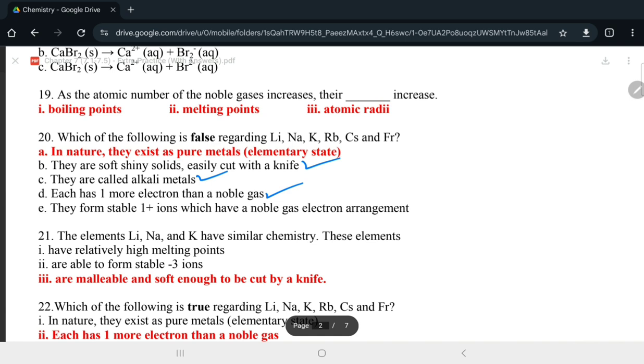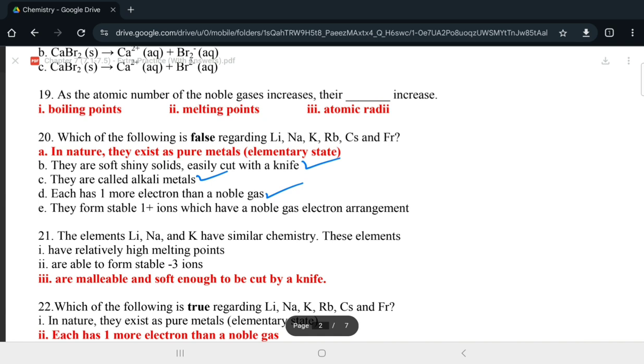Okay, what's stopping alkali metals from being noble gases is the fact that they have one more electron than noble gases. This you should memorize. Alkali metals in the pure state have one more electron than noble gases.